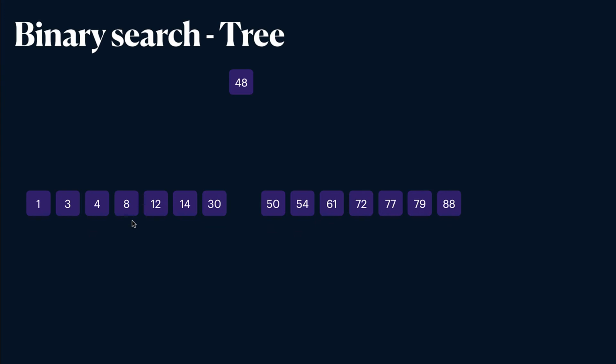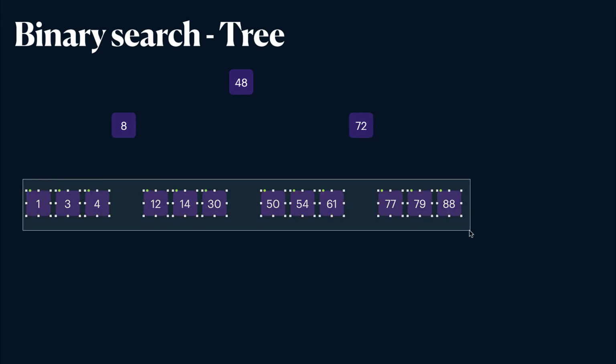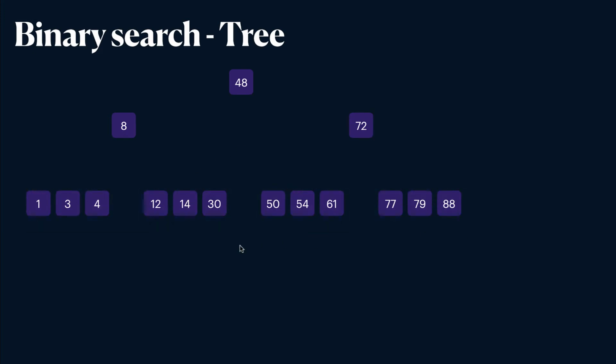And we are picking middles for both sides. So from the left we pick 8, and from the right we pick 72. So these two will be children of 48. And we have four parts left.